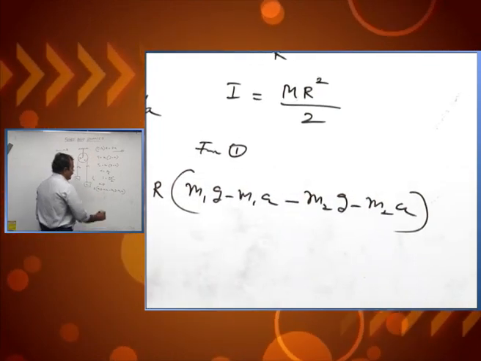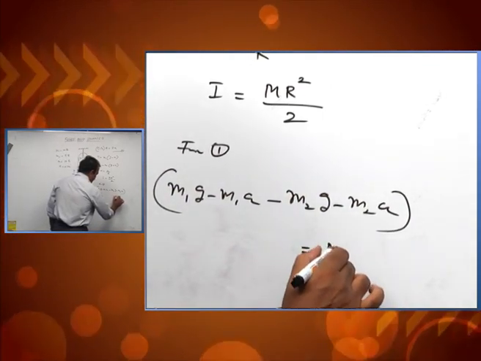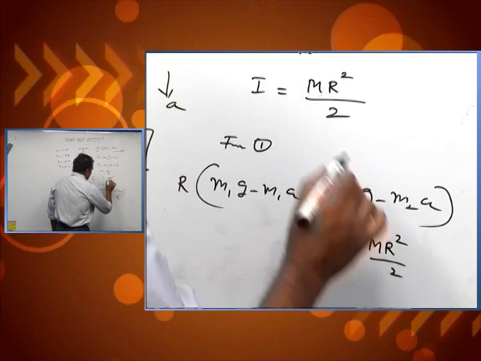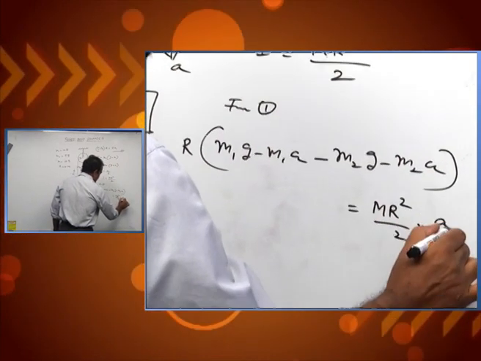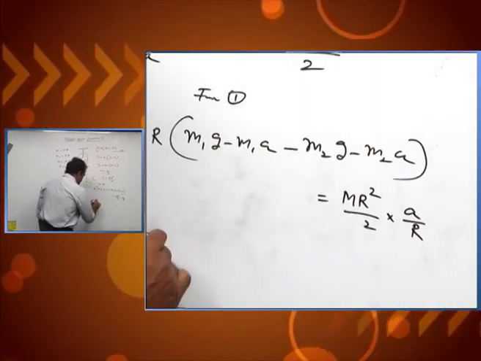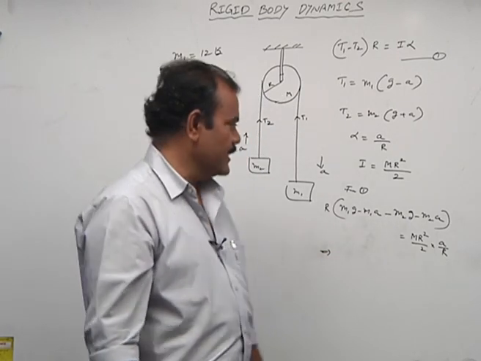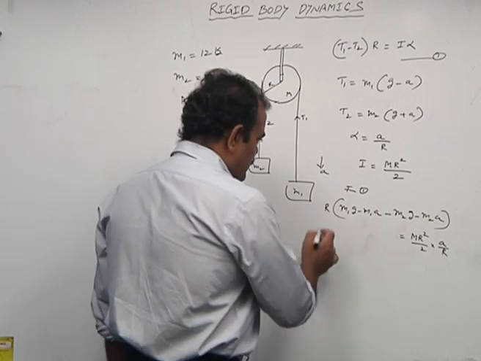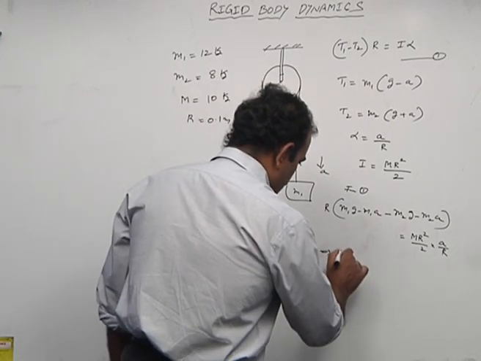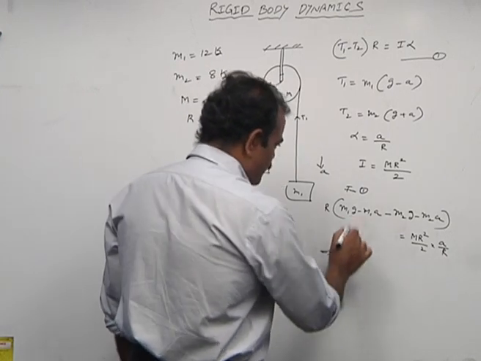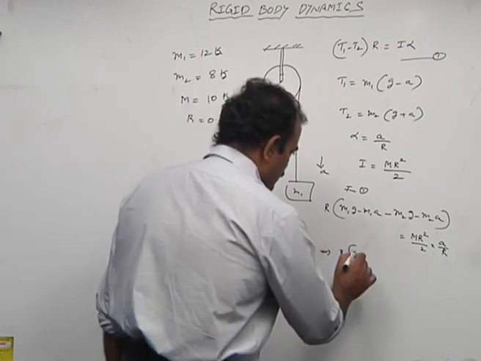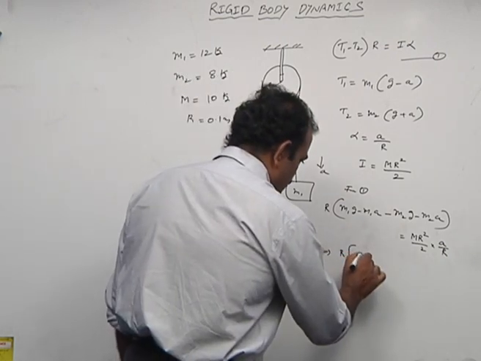I alpha is mr square by 2, and alpha is A by R. Our target is to find out the acceleration, so we have to bring that acceleration here. It is R of m1G minus m2G.